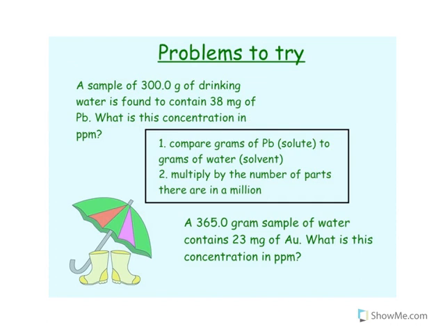All right, so what we're going to do is compare the grams of lead, that's our solute, to the grams of water, which is our solvent. So we're going to do that by saying we have 38 milligrams of lead per 300 grams of water.